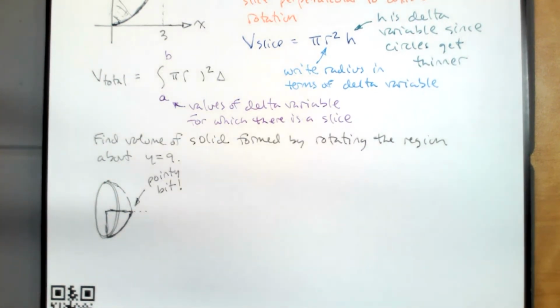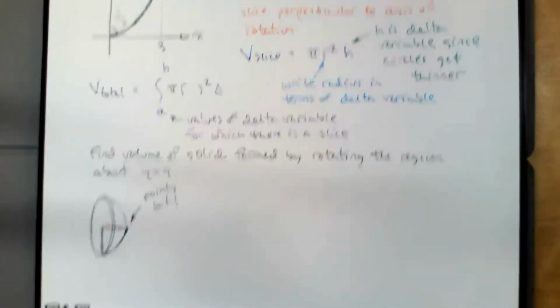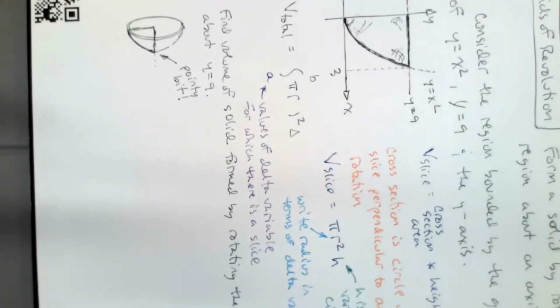So we don't have just a wider version of the same shape that we had last week. We're also rotating this vertically. But that's all a matter of perspective. It's still just a bowl. But this bowl, instead of having a rounded bottom, has a point on the bottom.